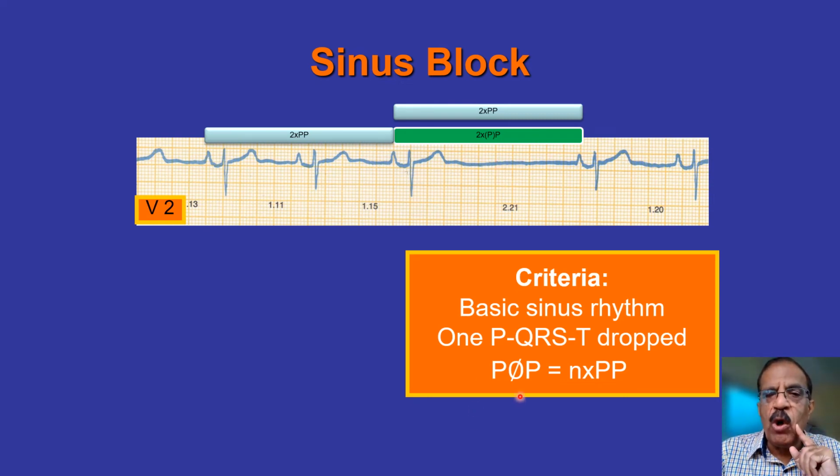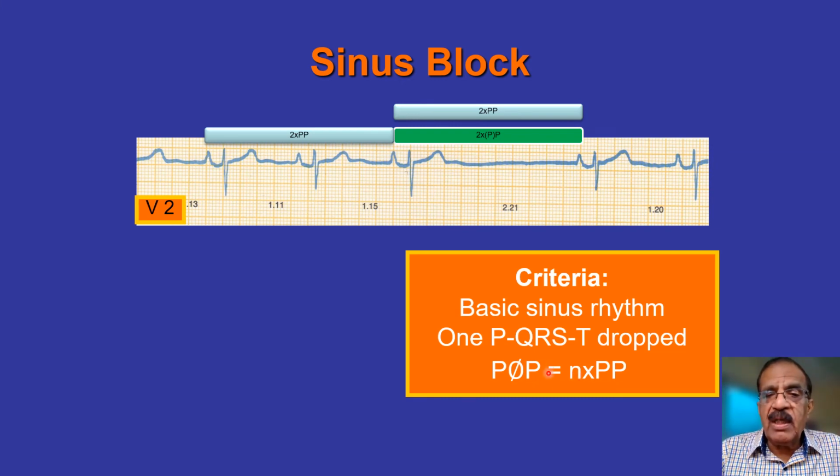So P naught P is equivalent to 2 PP intervals. Actually, I have written n, it could be 2. In this case it is 2, but theoretically this QRS complex could come after dropping 2 P waves. So in that case, this number might be 3. Of course, if it is more than 3, then before the sinus node retakes the rhythm, perhaps some pacemaker will take it over.